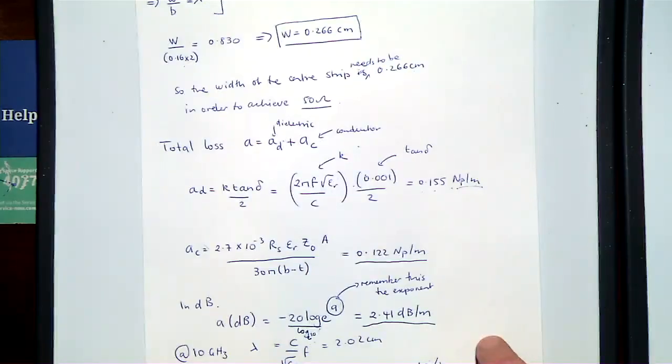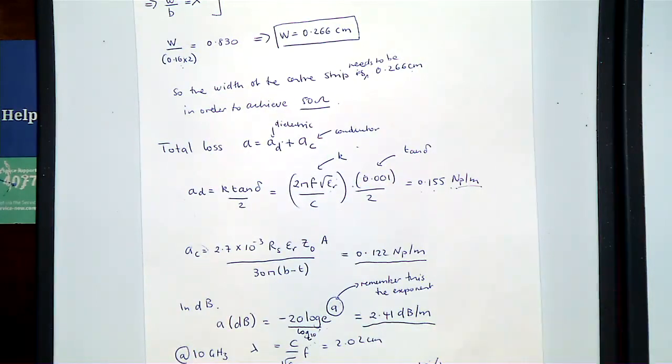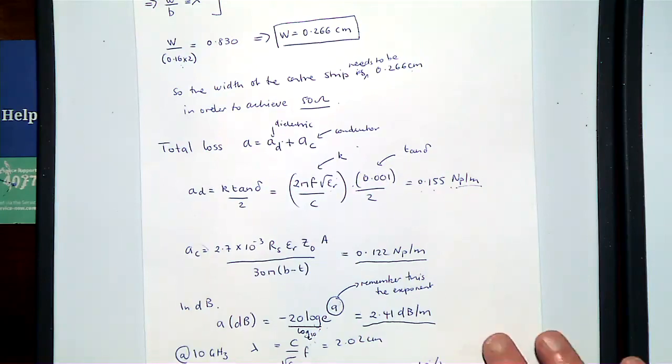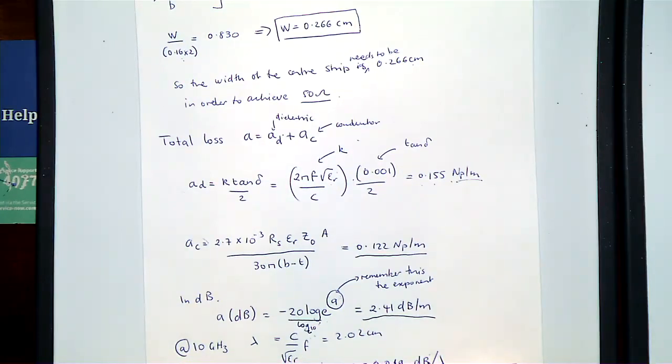And then what we were able to do is work out what the effective loss per metre was. And essentially, since we said, well, we were designing this PCB board to operate at 10 gigahertz, we worked out what the effective wavelength was in that material at 10 gigahertz, right? And then we worked out the equivalent loss per wavelength.